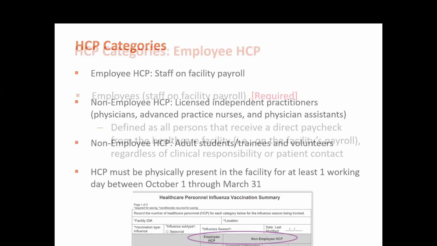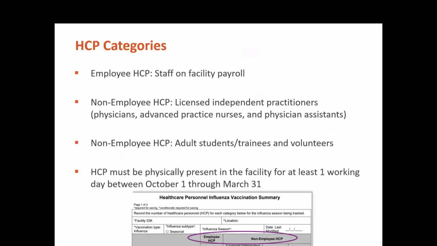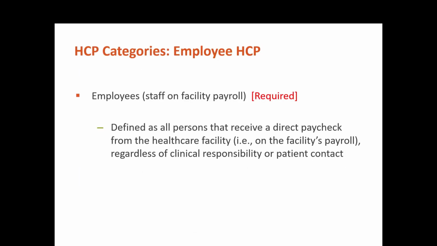This slide shows the top portion of the data collection form, which lists the healthcare personnel categories. Employees are defined as all persons receiving a direct paycheck from the healthcare facility, regardless of clinical responsibility or patient contact.